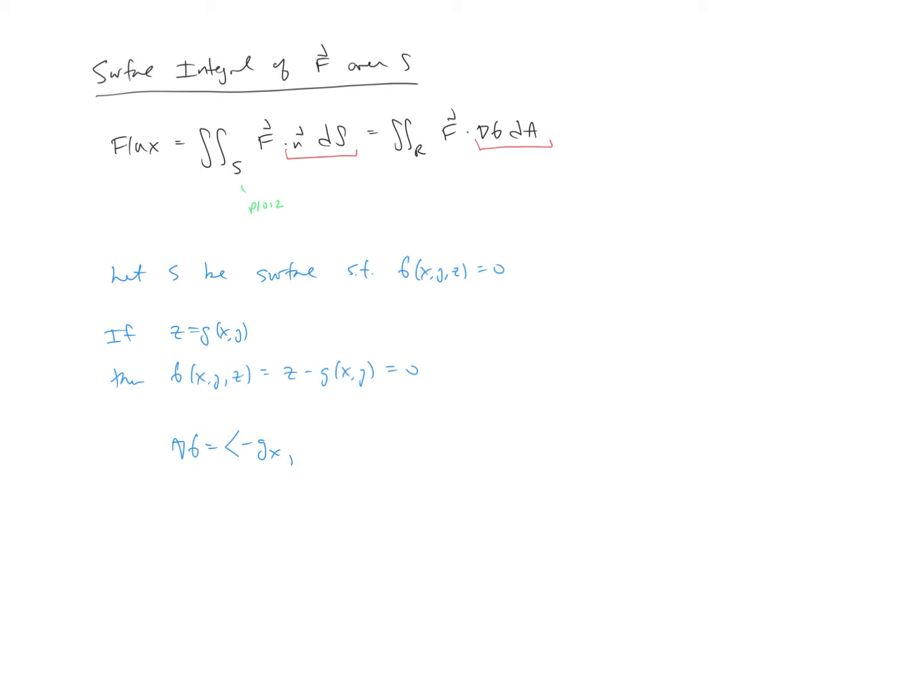Similarly, with respect to y, negative G sub y. And with respect to z, we get a 1, since the partial of this with respect to z is just 1.